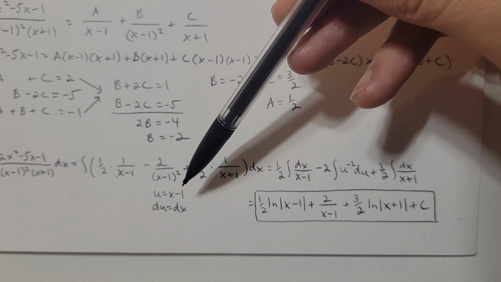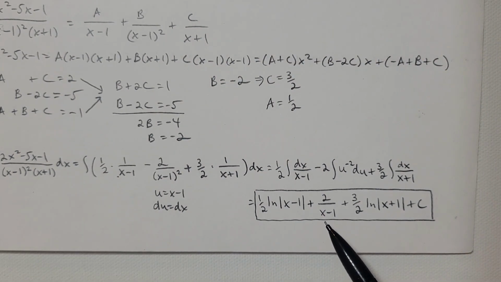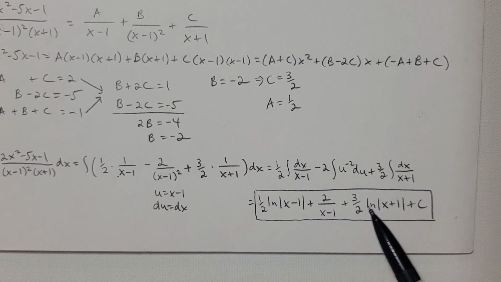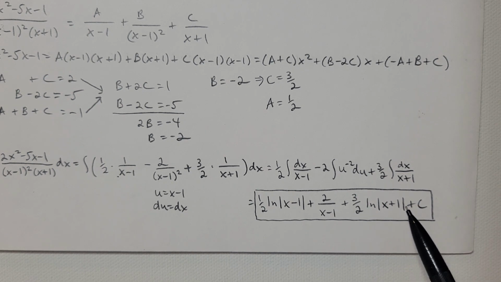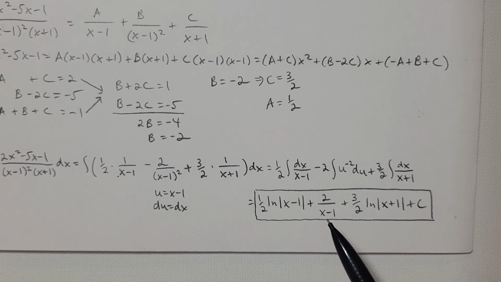U is x minus 1. Okay, so be plus 2 divided by x minus 1 plus 3 halves times the ln of the absolute value of x plus 1, then plus a constant. Don't forget about the absolute value bars again. That's totally necessary. We need those. Okay.